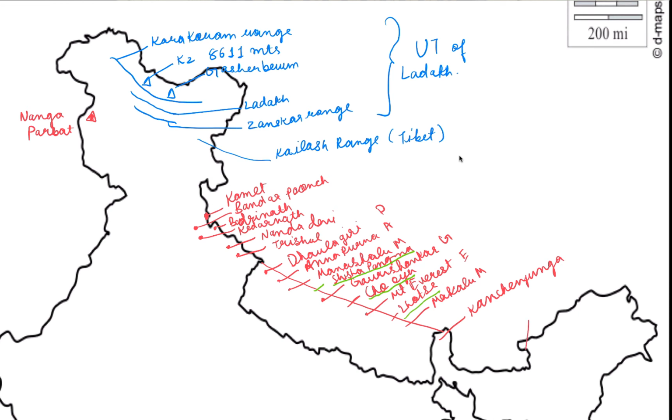There is an important peak in Arunachal called Kangto. This is also the highest peak of Arunachal Pradesh. And then there's this one peak here outside of Arunachal in the Tibet area called Namcha Barwa.